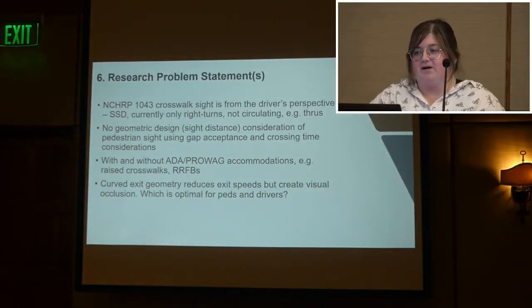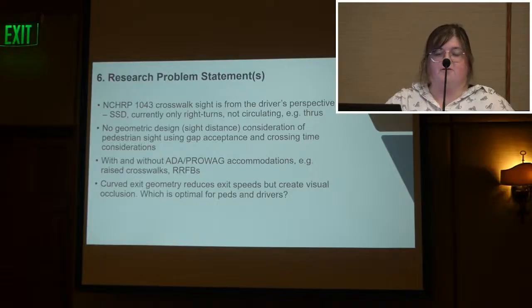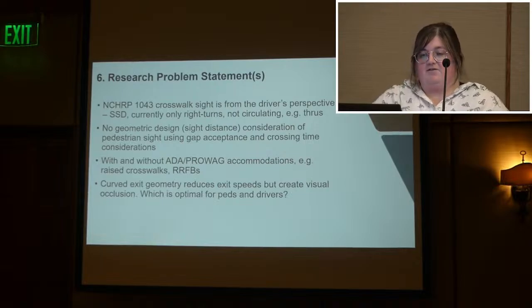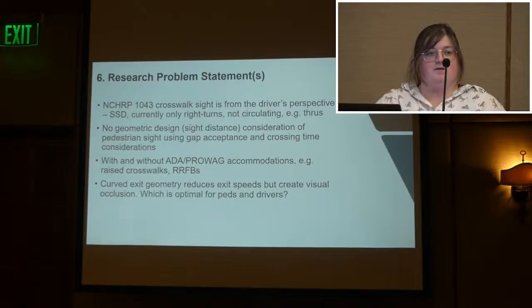So let's talk about a few research problem statements. For NCHRP 1043, crosswalk sight is from the driver's perspective. It is stopping sight distance, currently only using right turns, not circulating, and not considering those through movements. There's no geometric design consideration of pedestrian sight using gap acceptance and crossing time considerations.